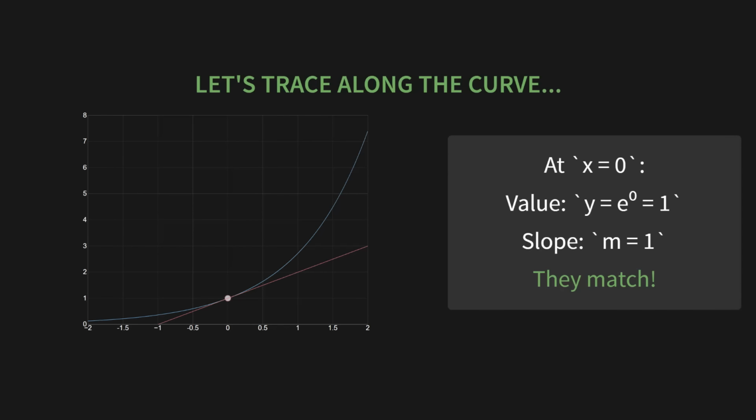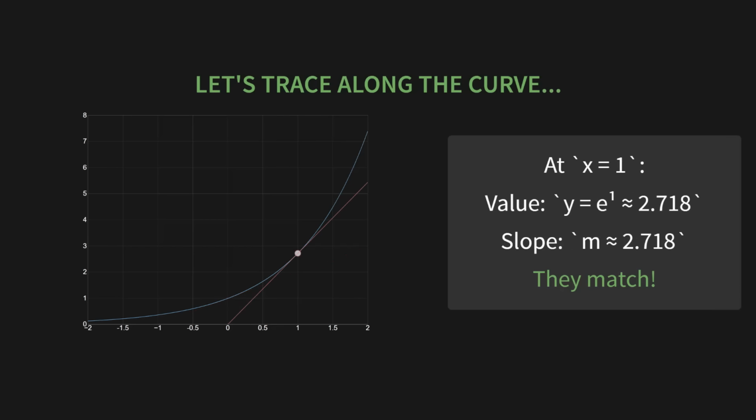We'll check a few points. First, at x equals 0, the value is y equals e to the 0, which is 1. The slope of the tangent line at that point is m equals 1. They match. Okay, let's keep tracing. How about at x equals 1? The value is y equals e to the 1, which is about 2.718. And the slope?